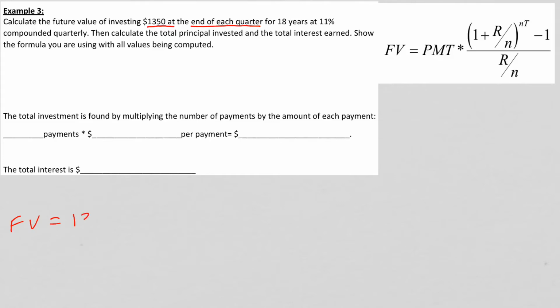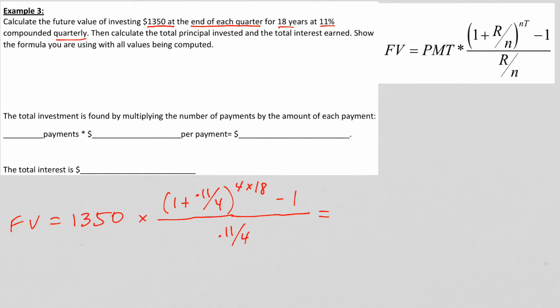That's going to be the payment size, the $1,350, times 1 plus our rate of 11%, divided by compounding quarterly, that's 4 times per year, 4 times, this is 18 years, minus 1, over 0.11 over 4. Okay, this will come out to, looks like 297,081 point, after rounding off to the nearest penny, 84.